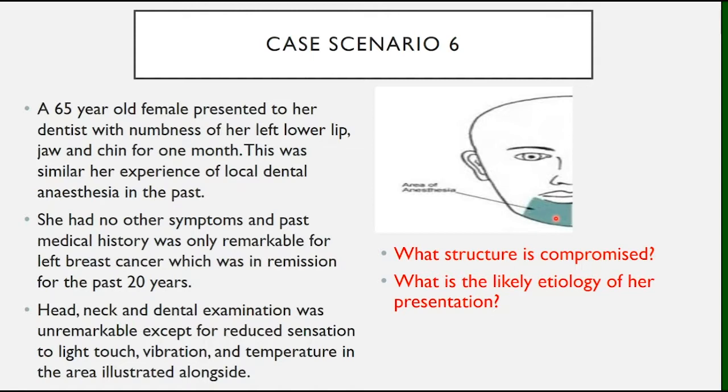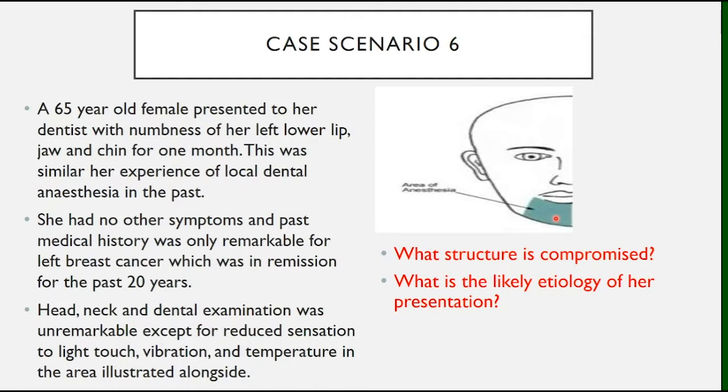But what's causing it? Is she on any medication? It could be compression. From where? Her past medical history is significant for breast cancer. So actually, it's metastatic breast cancer.